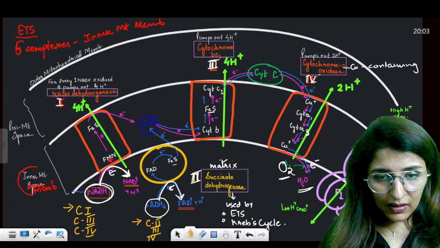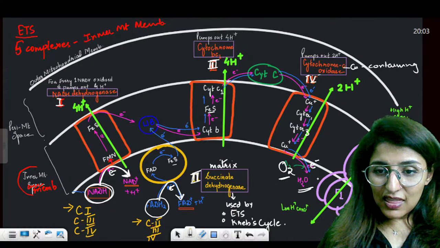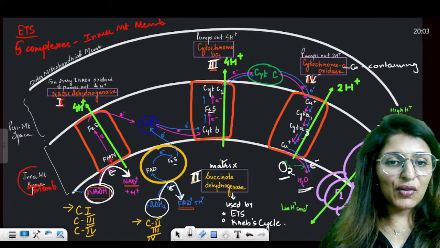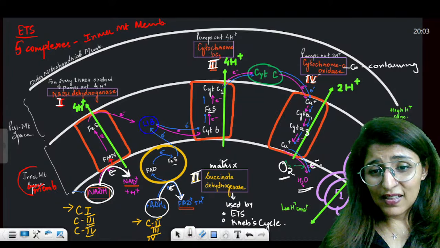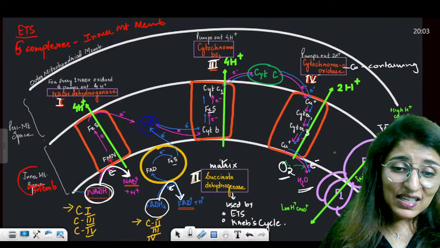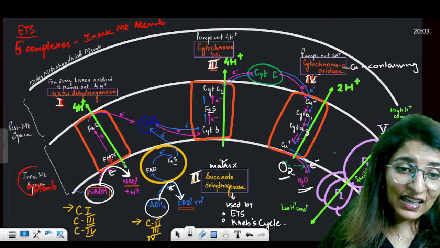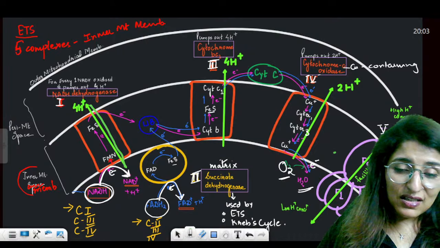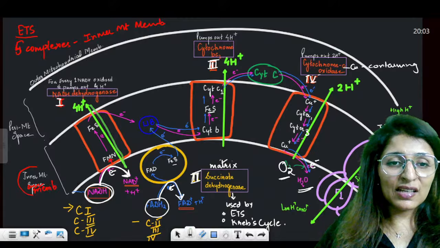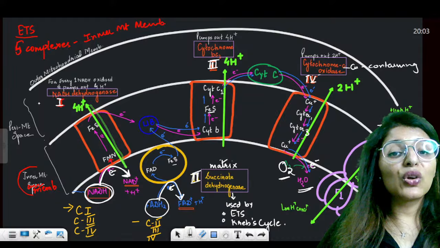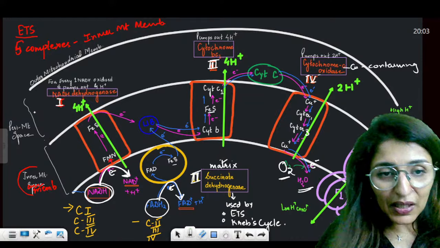Now see, guys, please understand that nothing happens for free in this life. Nothing is free. No free lunches at all. So if complex 1 is letting the electron pass through, or transporting electrons from one molecule to another, they are doing it at the expense of something.